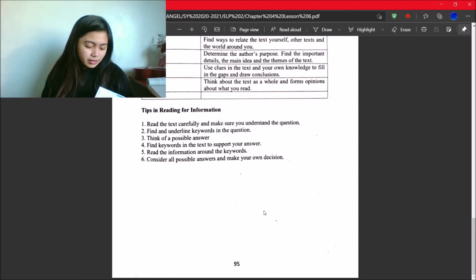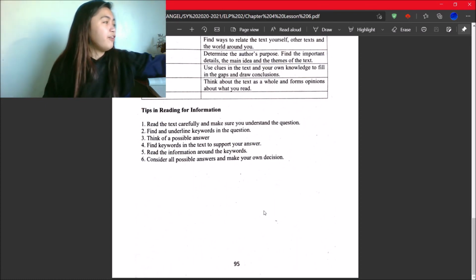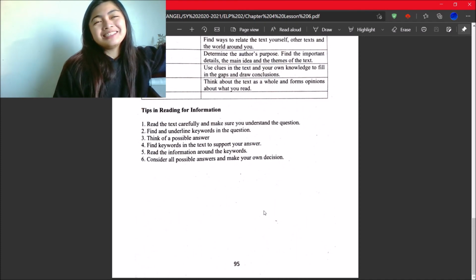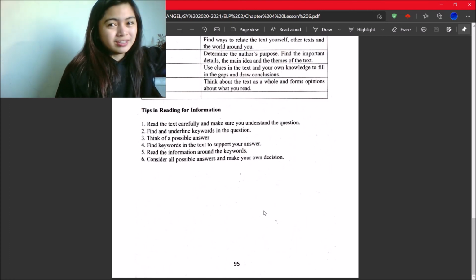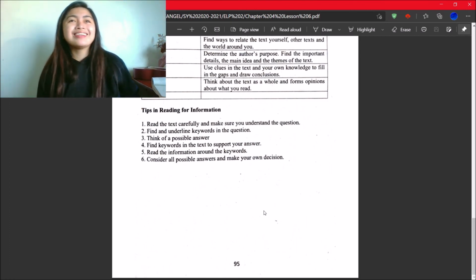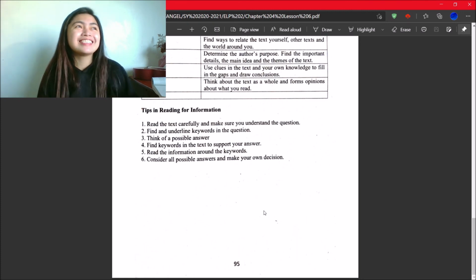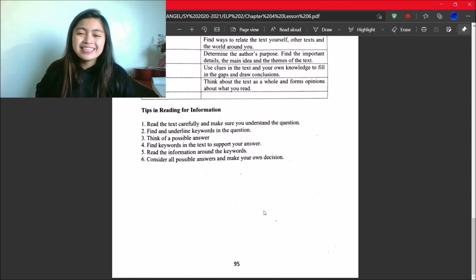So, yeah, reading for information is really relevant in today's times, especially during the pandemic kasi you are forced to educate yourself or self-review, self-learn everything. Yeah, reading for information would really help you to survive this semester.